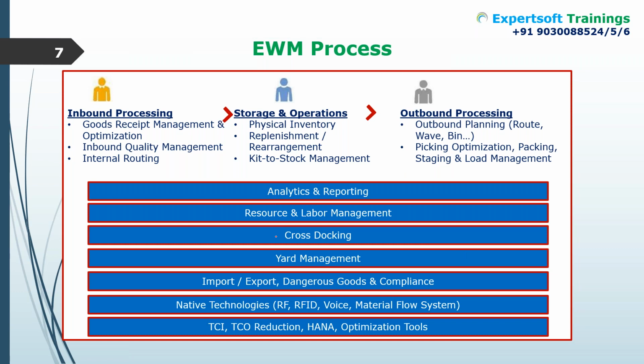You can use cross docking and yard management. Apart from that, you can use RF or voice control systems, and you can integrate automated warehouses with your EWM system. A lot of enhanced processes were introduced in EWM, and it has a lot to offer if you have a specific requirement.